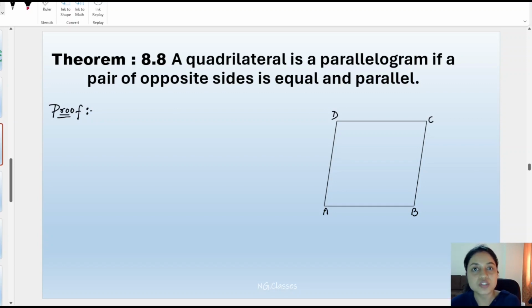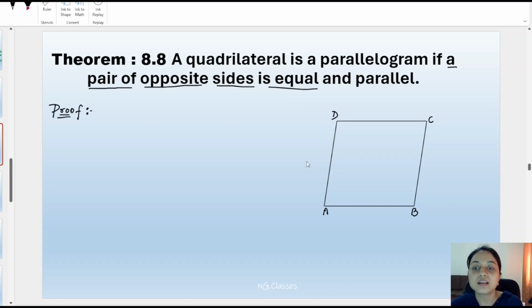One more piece of information is given in the theorem, that a pair of opposite sides is equal. A pair means one pair of opposite sides is parallel and equal to each other. What we have to prove here is that the other pair is also parallel and equal. Once we prove that, we can say the quadrilateral ABCD is a parallelogram.